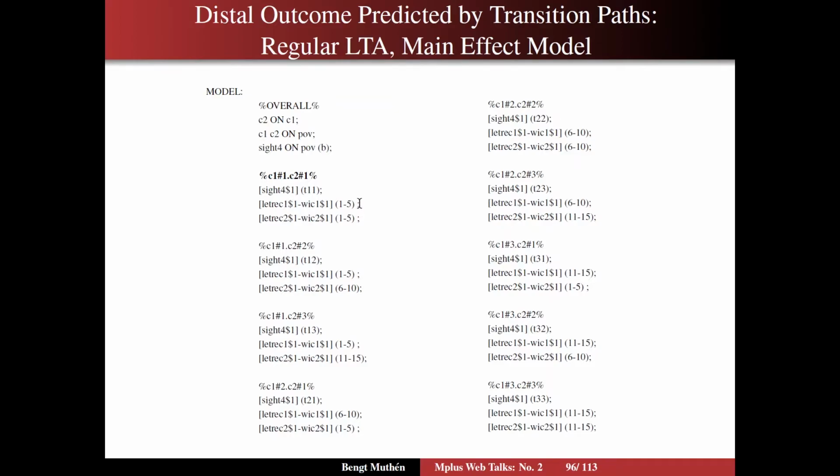So when you stay in C1 class 1 here, which you do here, here, and here, the first time point thresholds labeled 1 through 5 are held equal, whereas when the C2 classes vary, which they do, the thresholds for the second time point vary across those C2 classes as we usually have them do.